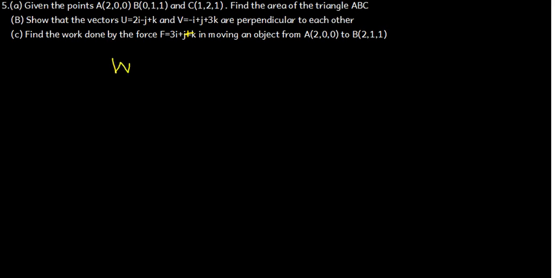We know that work is given by force times displacement. The displacement here, we've moved an object from this point to this final point, so we just find the difference. Displacement is equal to final position, which is 2, 1, 1, minus initial position, which is 2, 0, 0.